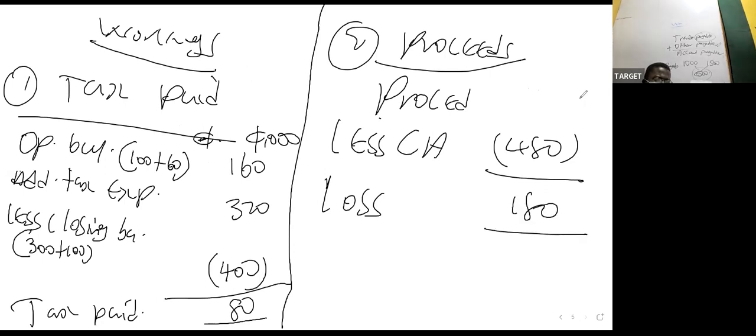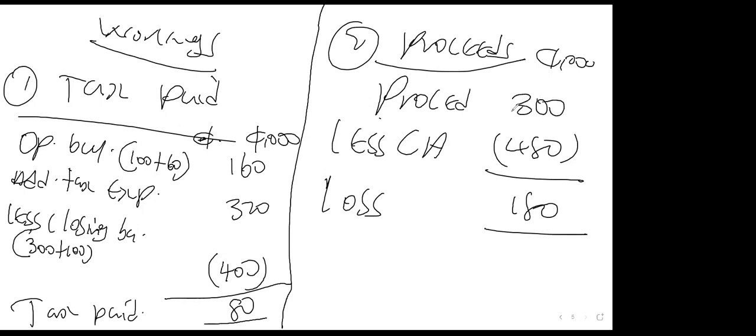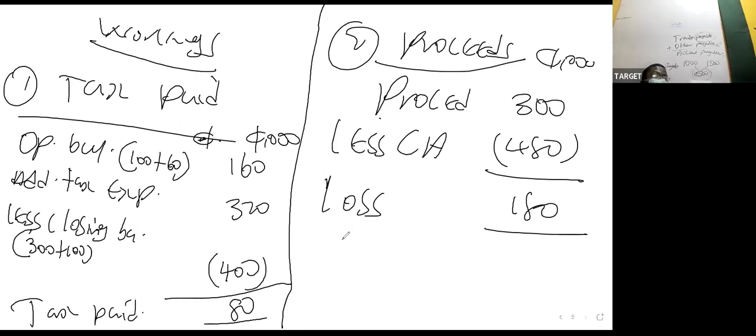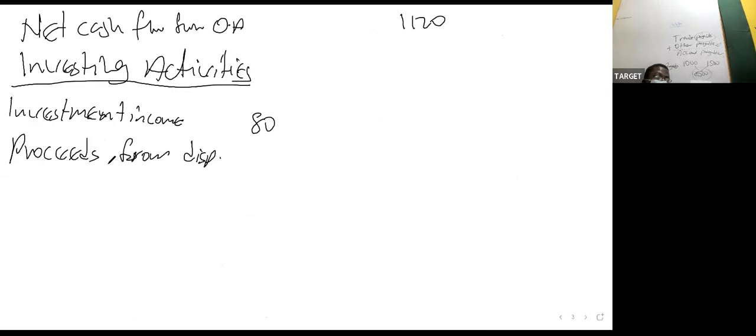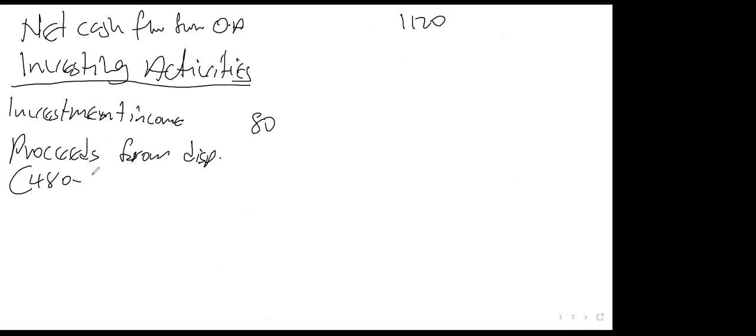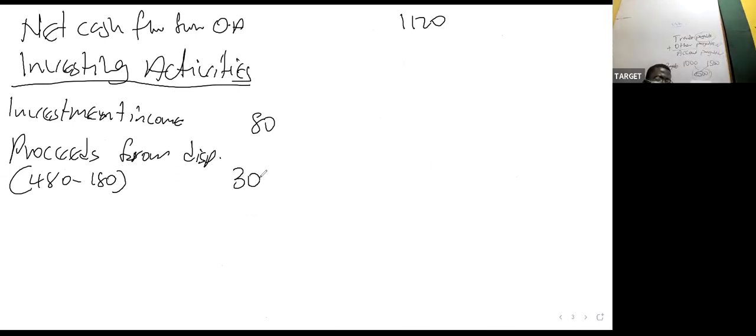So who can tell us the proceeds? We had 300. If you have done these workings nicely, you just refer the examiners. If you have not done the workings, don't worry, do it on the face for them. They'll mark it for you. Open a bracket here like this: how did you get the 300? It's 480 minus 180. Agreed. You put your 300 here nicely.